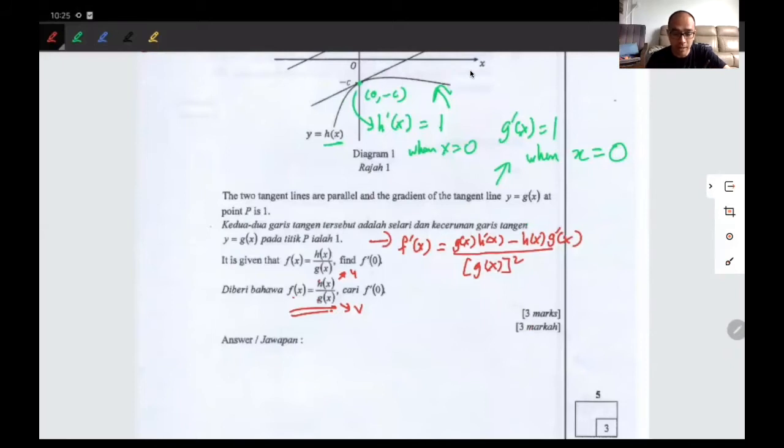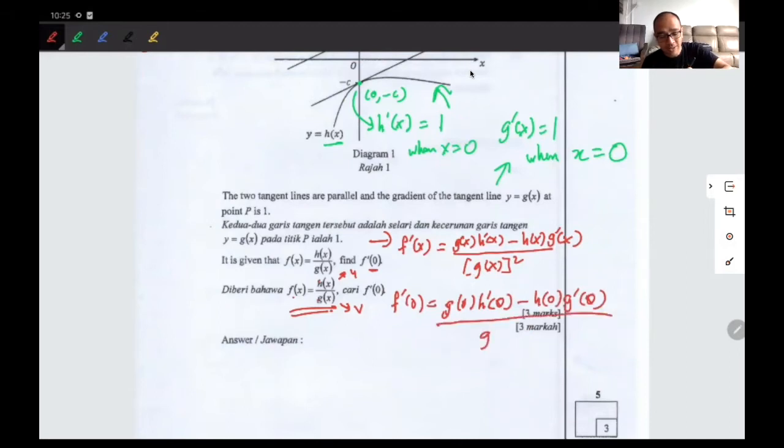But the question asks us to find f at 0, which means that f prime 0 is equal to g(0) h prime 0 minus h(0) g prime 0 over g(0) the whole thing squared.